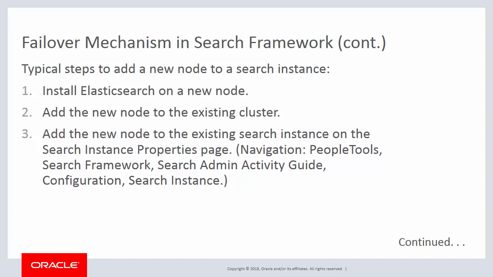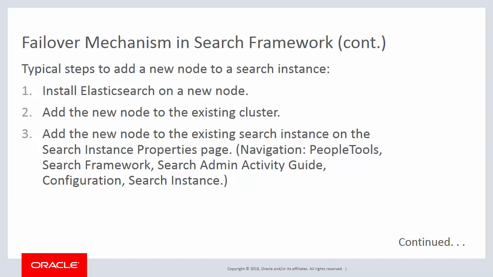Install Elasticsearch on a new node. This step is not discussed in this presentation. For details on adding a new node, please refer to the Deploying Elasticsearch in PeopleTools 856 Spotlight video, or to the 856 Search Technology Online Help, or to PeopleSoft Deployment Packages for Elasticsearch.